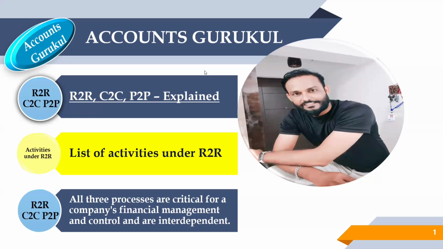Cash to collection and procure to pay are all considered SL, that's the subledger, and the data is going to flow from SL to GL, that's into R2R. R2R, that's record to report, that's the GL. So yes, these three processes are going to be the most critical from the company's financial management standpoint.